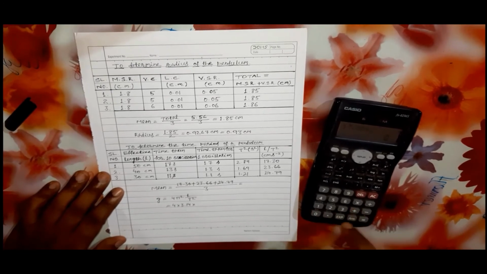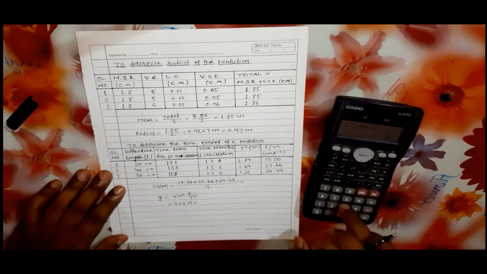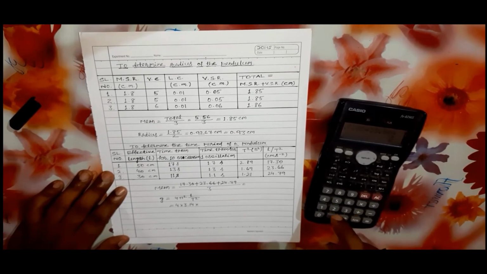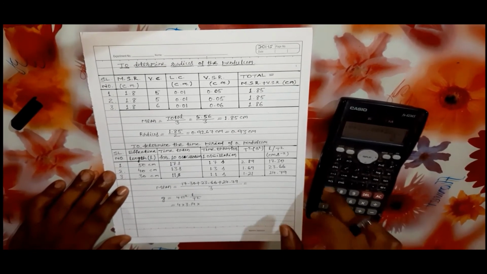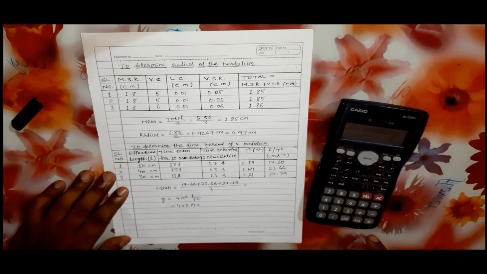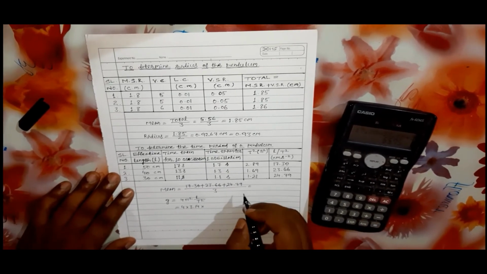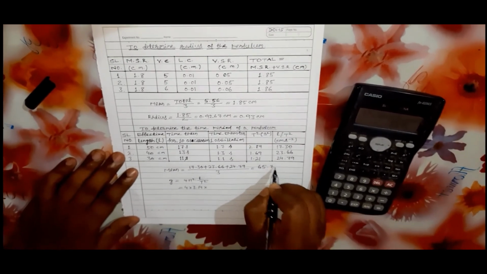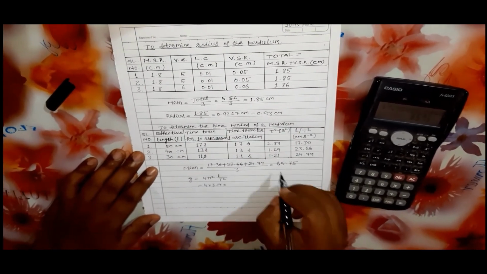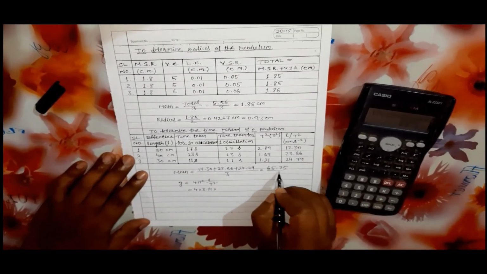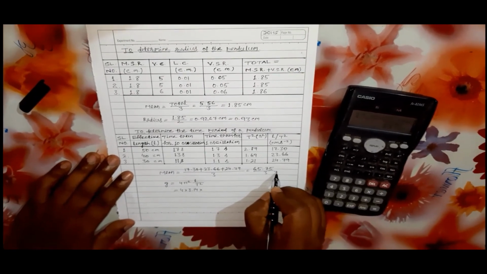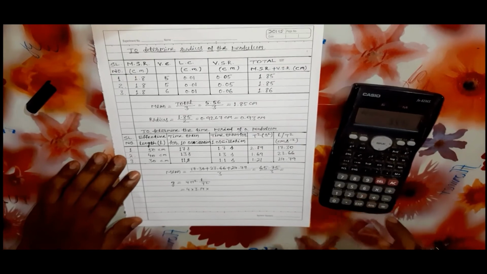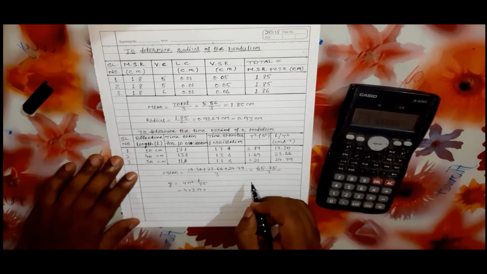When we add, we get 65.75 divided by 3. We get 21.91.